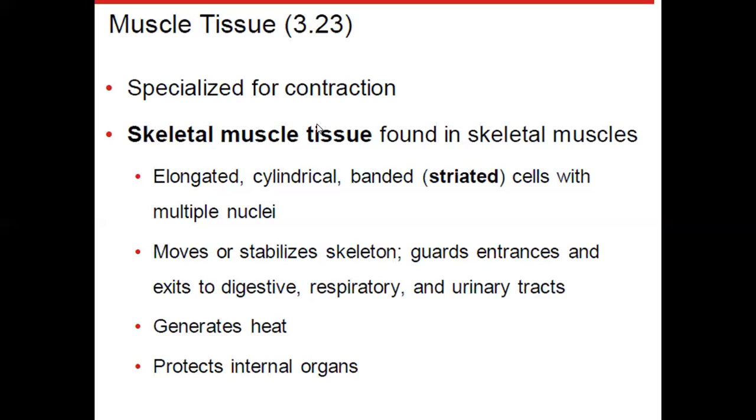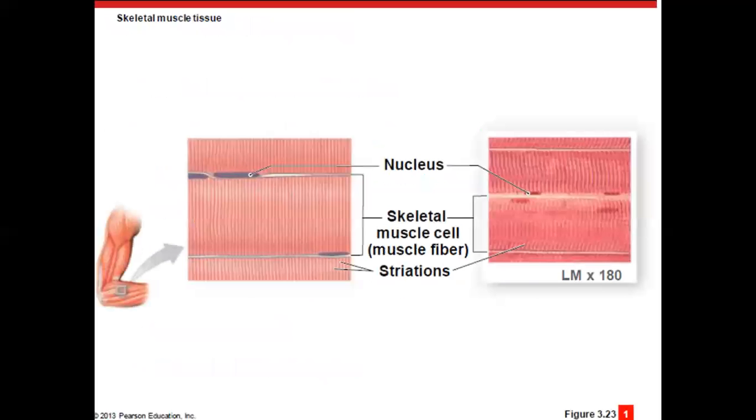Same thing with the digestive tract, the respiratory tract, the urinary tract. Those circular layers of muscle guard those entrances and exits to those systems. Skeletal muscle also generates heat and protects internal organs. Like your abdominal muscles protect the internal organs behind them, like the digestive system organs, where you don't have bone to protect them, but you've got muscle.